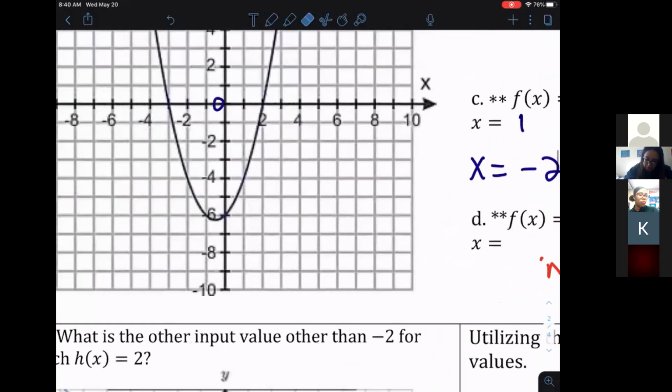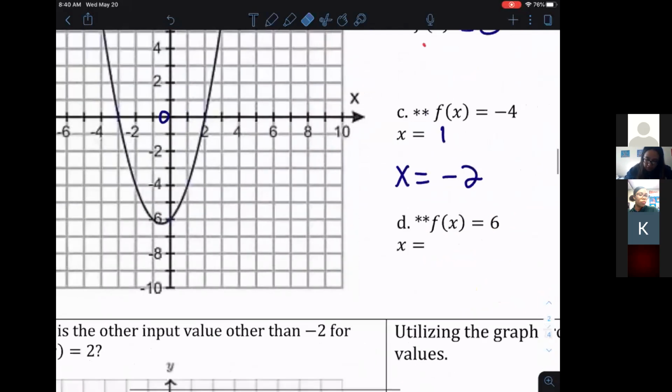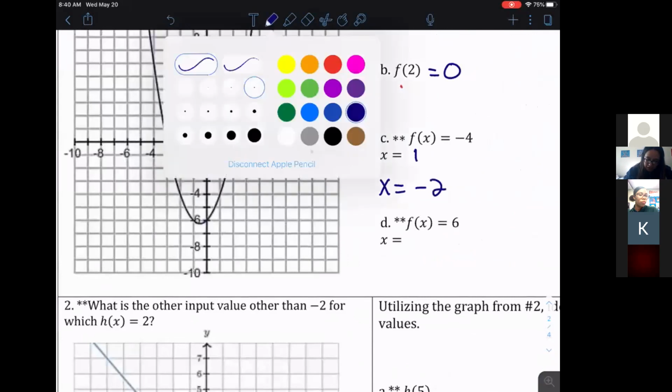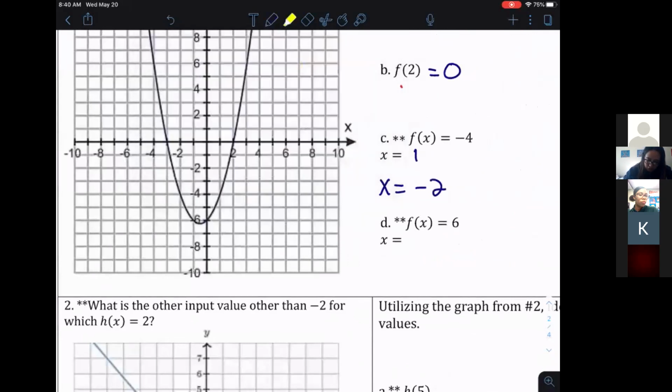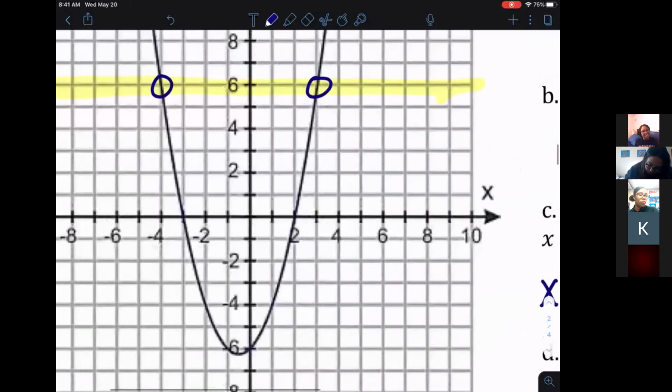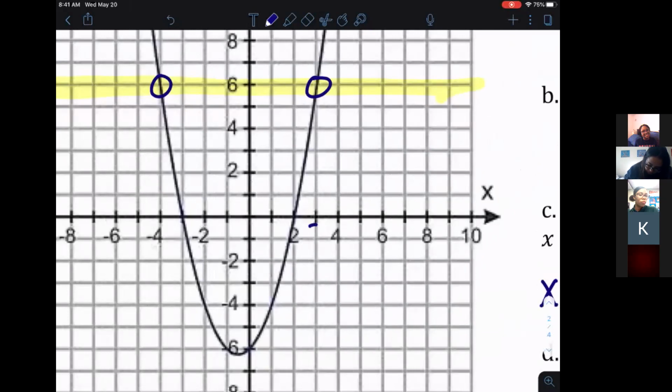All right, Catherine's mic unfortunately is not working, so we're gonna stick with our alliteration. Kamari, can you help us out here? If f of x is 6, I'm gonna go ahead and draw our line through there. What are the x values here? The x values are +3 and -4.